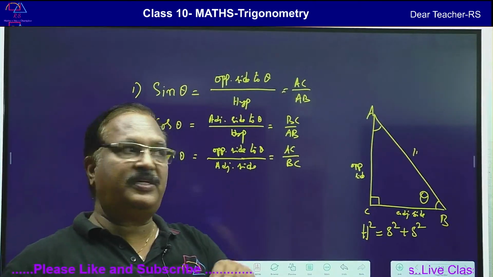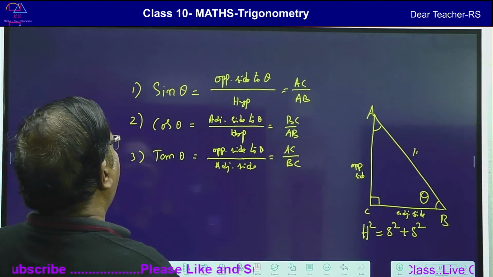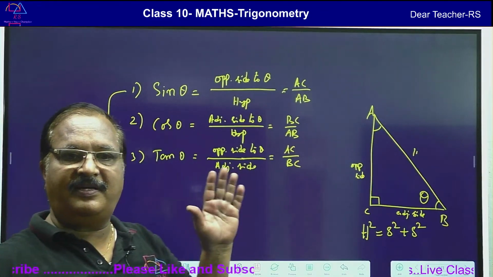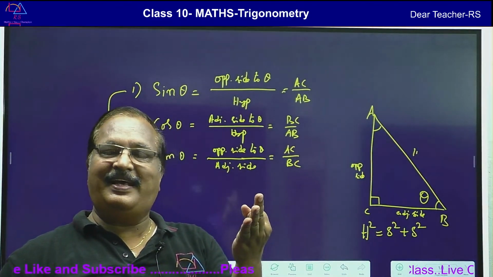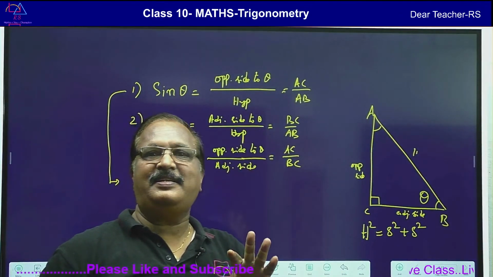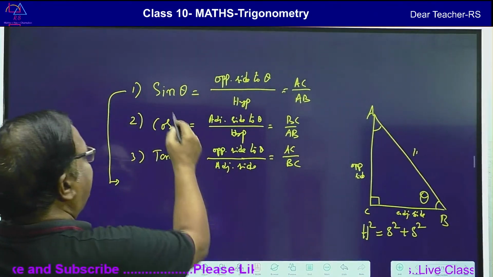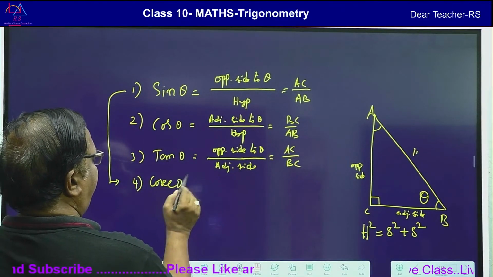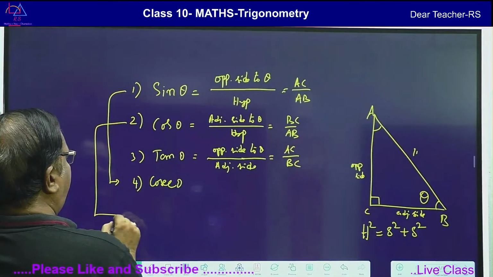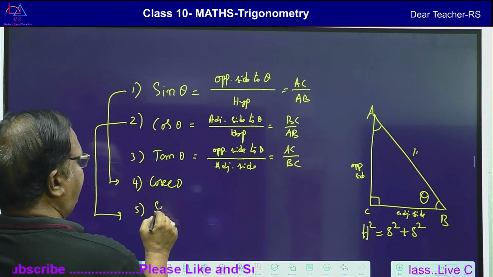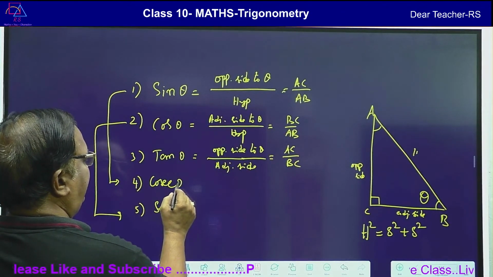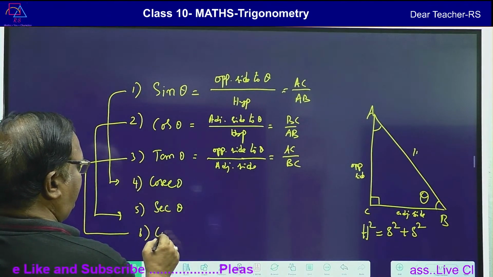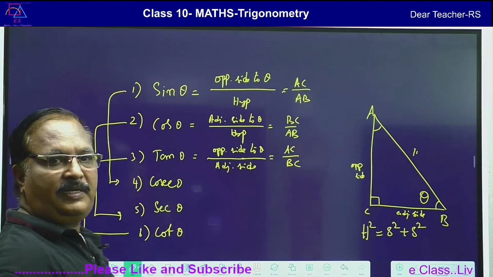The rest of the ratios are the reciprocals of these three. You can remember like this: the order is sin, cos, tan, and then the remaining three are the reciprocals. The reciprocal of sin is cosecant theta, the reciprocal of cos is secant theta, and the reciprocal of tan is cotangent theta, in short cot theta.